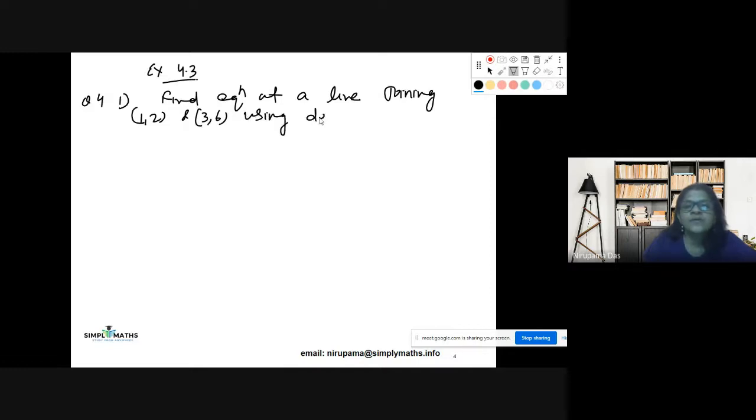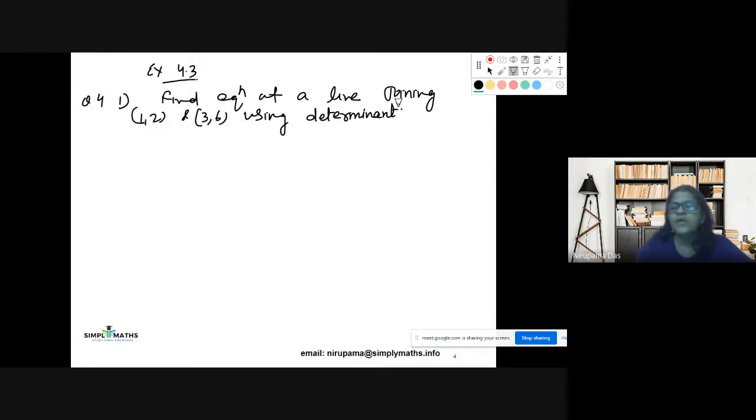If it is an MCQ question, or a very short answer type question where you don't have to show the steps, then whether you apply determinants or any other method will not be visible.